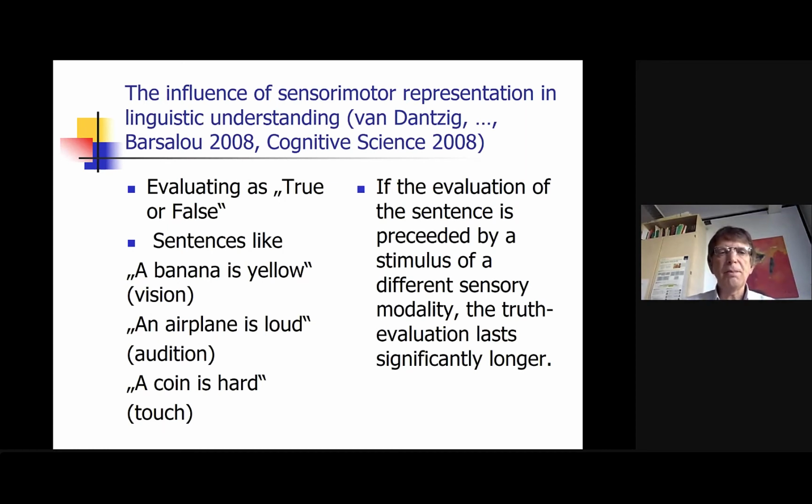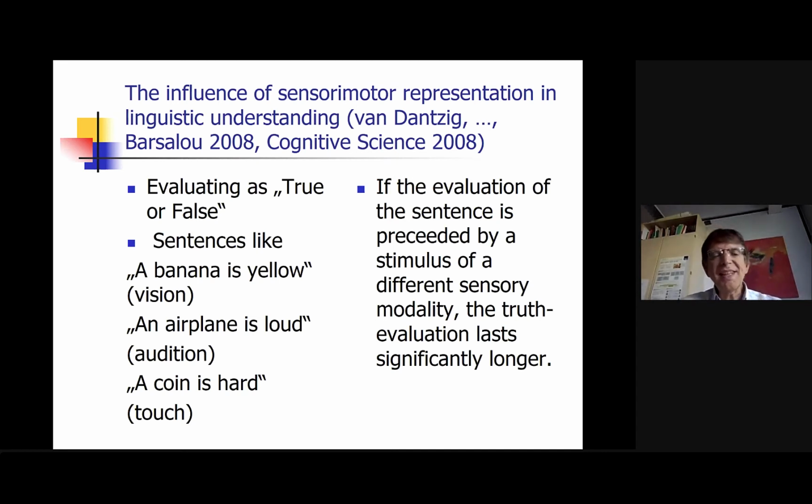Maybe not so well known, but I also think very interesting from a standard semantic perspective, is the study of Barsalou and colleagues, in which they investigated sentences like a banana is yellow, a visual dimension, an airplane is loud, an auditory dimension, a coin is hard, a touch dimension.